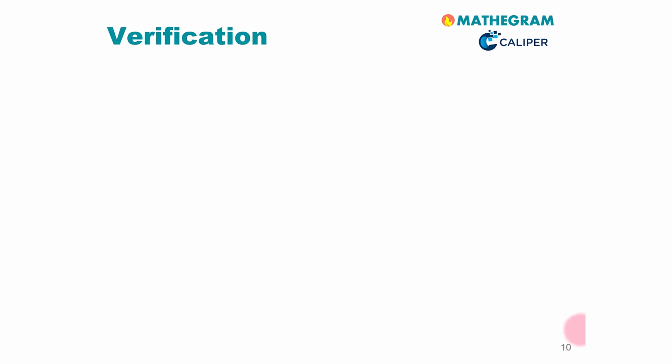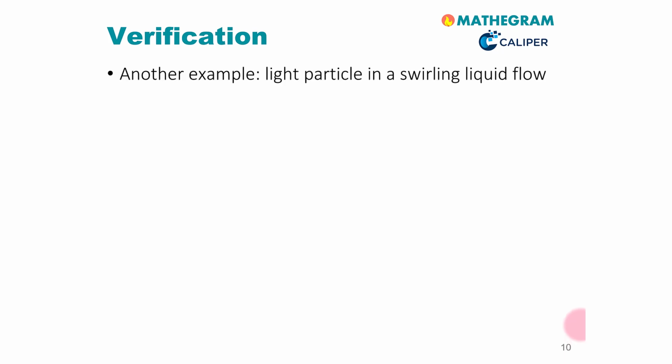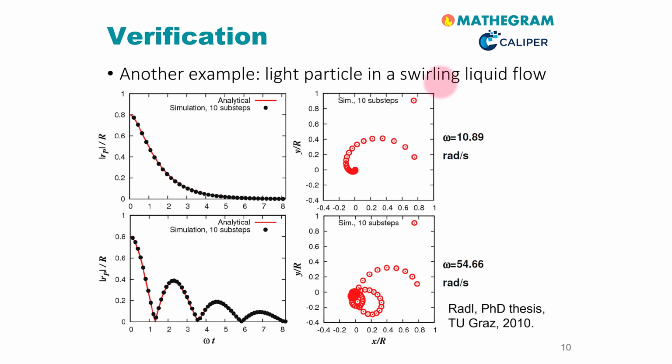Another example of a verification study is to track the motion of a light particle in a swirling liquid flow. So this is a test case for a CFD DEM simulation. What you see here is the result of such a test case for two different conditions.